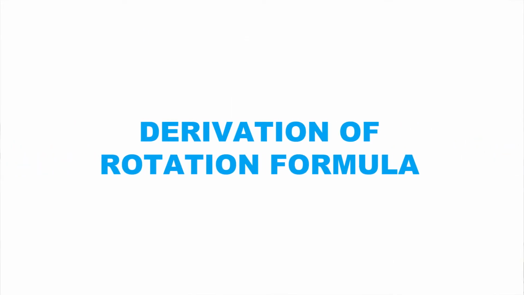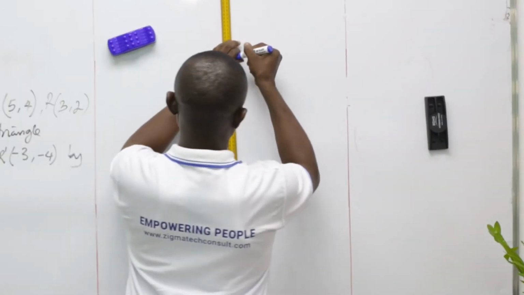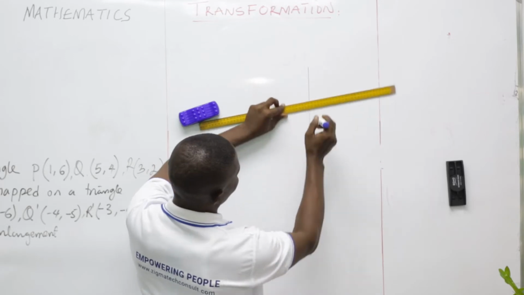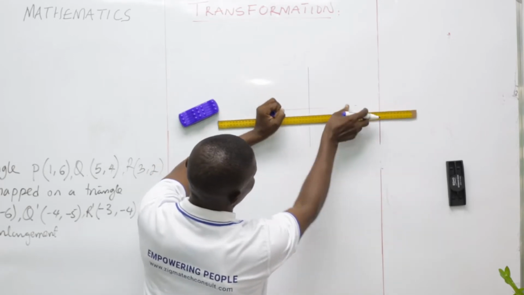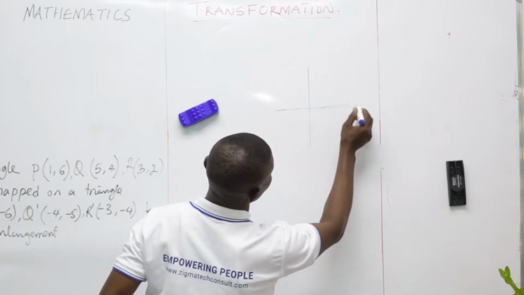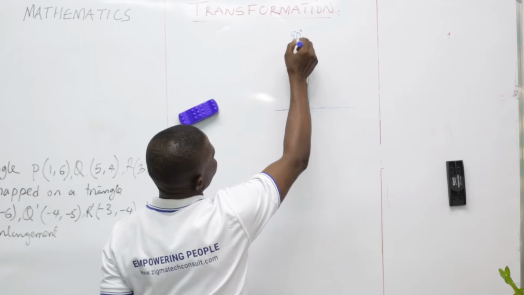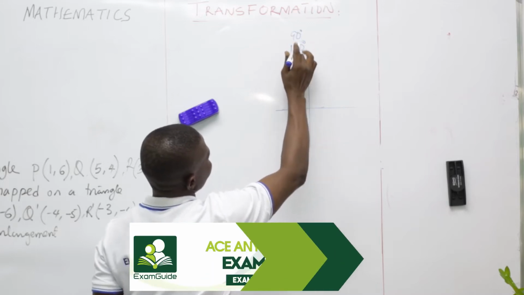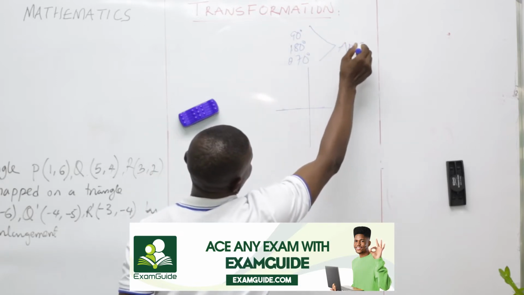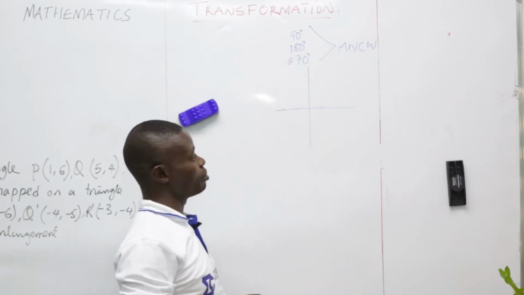Derivation of rotation formula. Okay. One thing you should have in mind is that you will be rotated either 90 degrees, 180 degrees, or 270 degrees anti-clockwise rotation, ANCW.